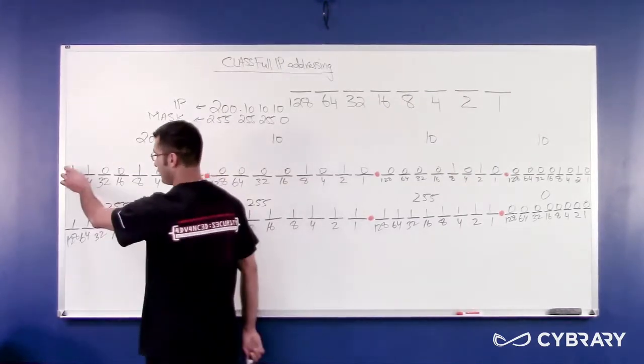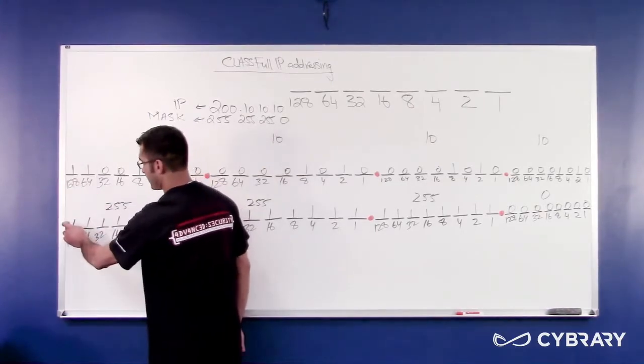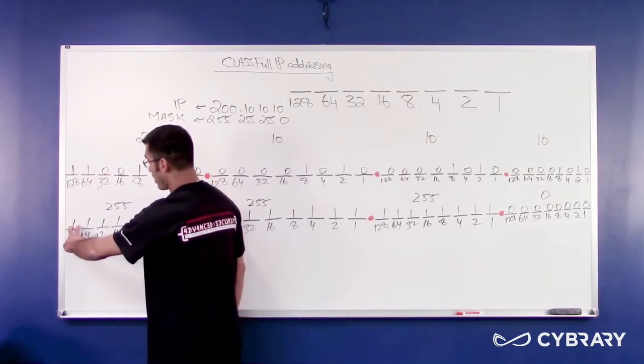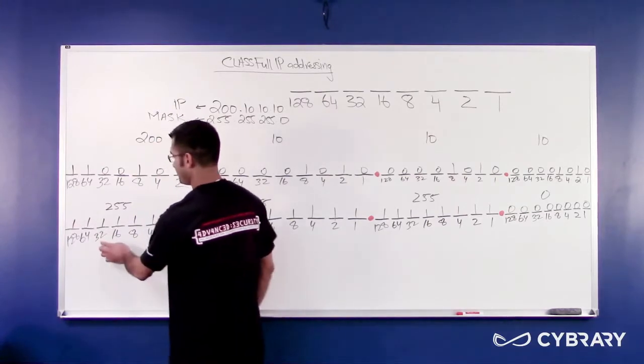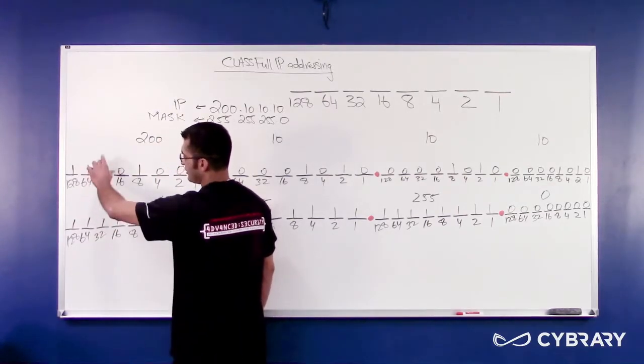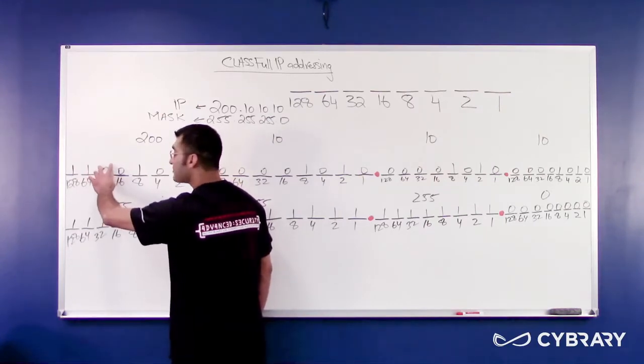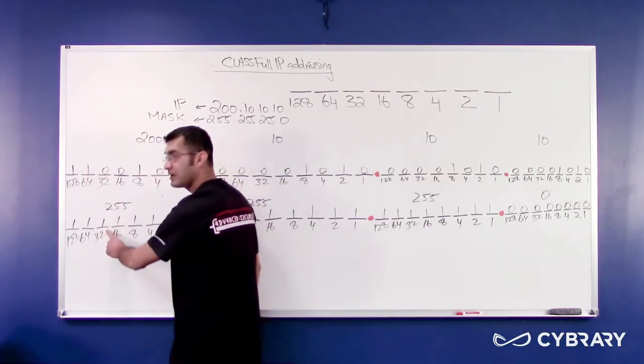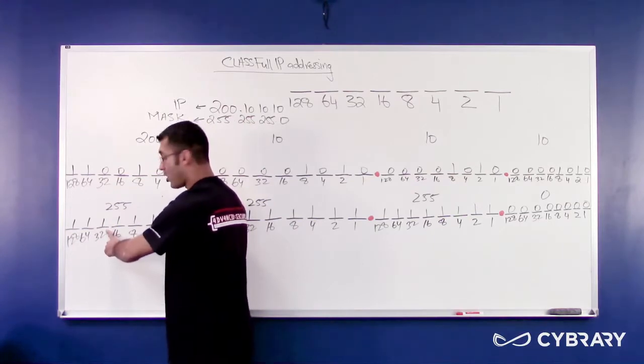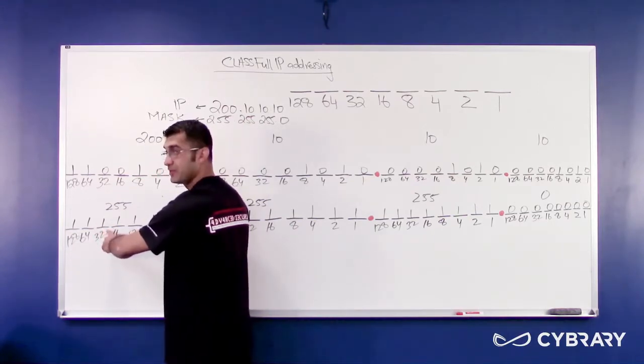So 128 belongs to the network portion because the corresponding bit in the subnet mask is on. How about this 32-bit? The bit in the IP address is off, but that doesn't matter. If the corresponding bit in the subnet mask is turned on, then this bit belongs to the network.